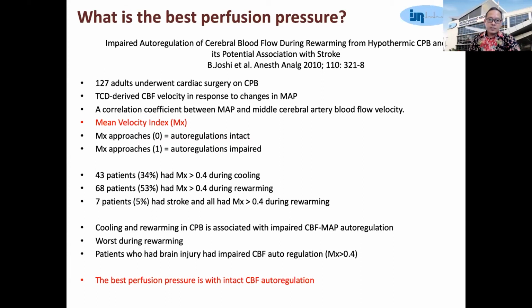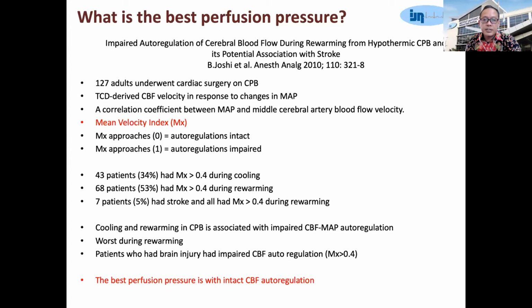From his observation, he found that 34% of his patients had a mean velocity index of more than 0.4 during cooling while on cardiopulmonary bypass, whereas 53% of his patients had a mean velocity index of more than 0.4 during rewarming, and 5% of his patients developed a stroke.